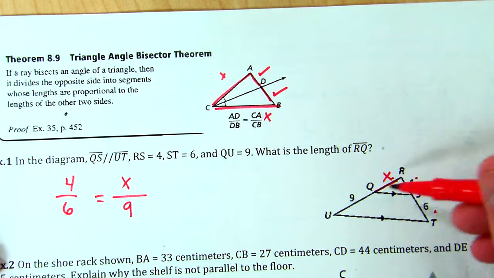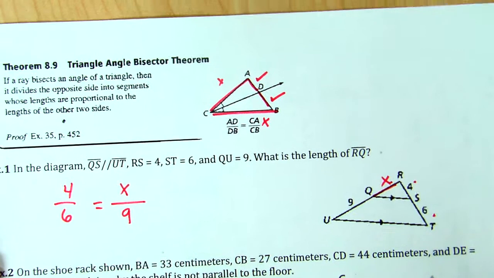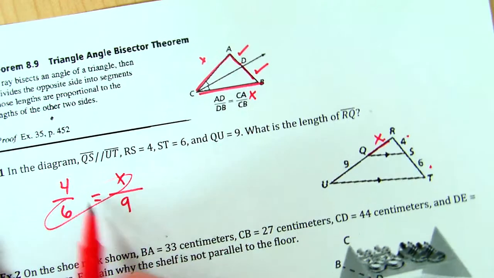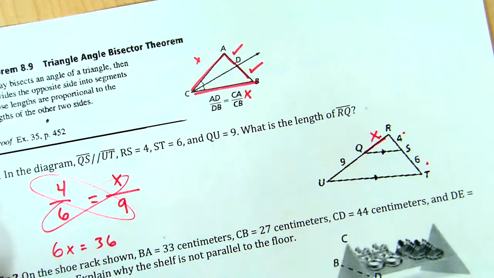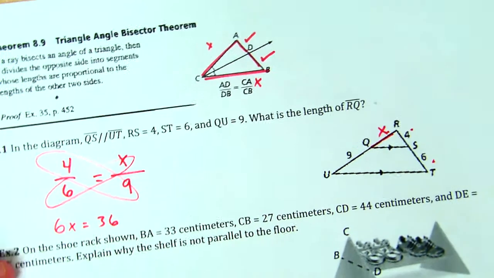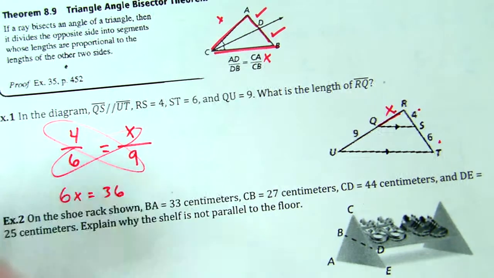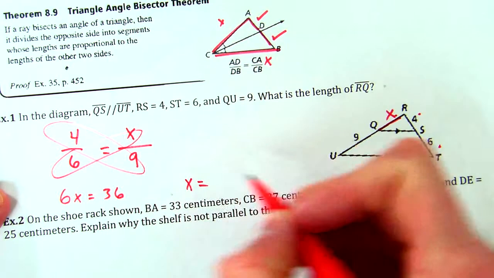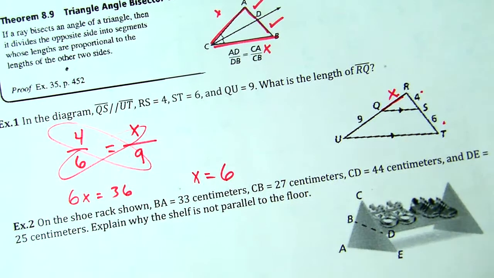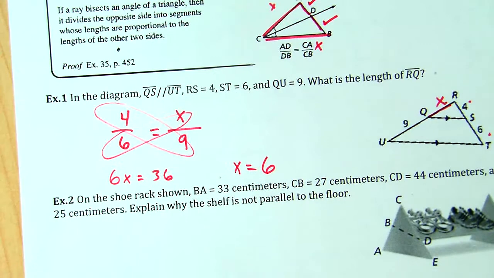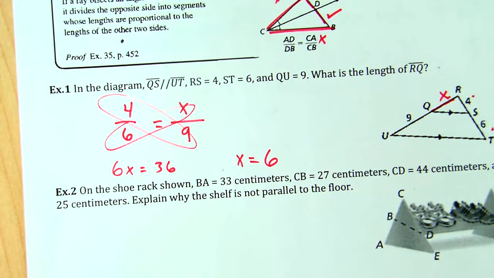Top one over bottom one equals top one over bottom one. Now when you cross multiply this, 6x is equal to 4 times 9. Well, 4 times 9 is 36. Divide each side by 6, and you realize that RQ is a length of 6. So pretty straightforward example there, and hopefully you can kind of see the proportions that come from that.